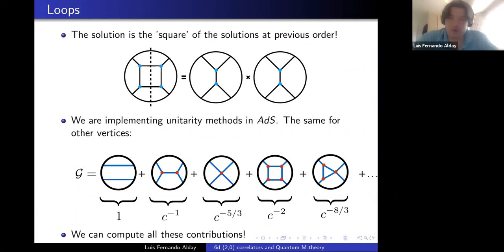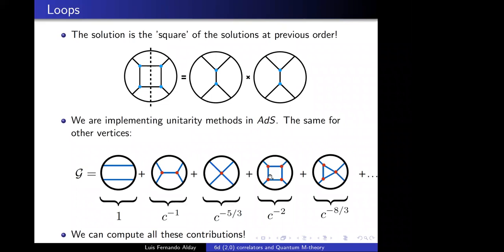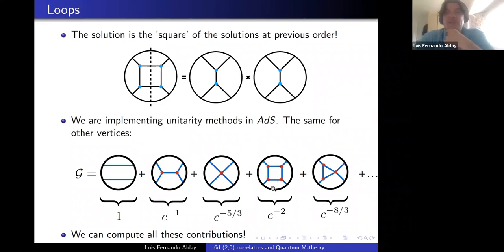Let me mention that in the discussion. But indeed, we will be able to fix something that is the same that you are able to fix from some unitarity method in flat space. But here we are doing some unitarity method in AdS.